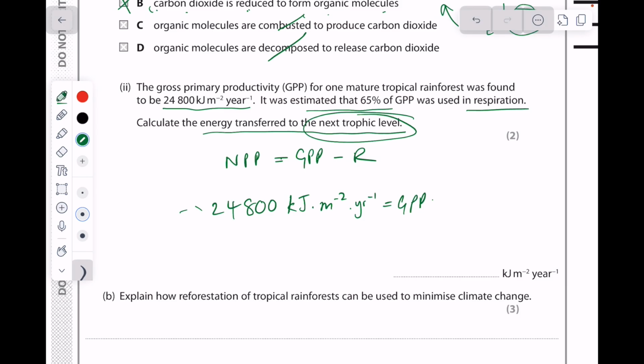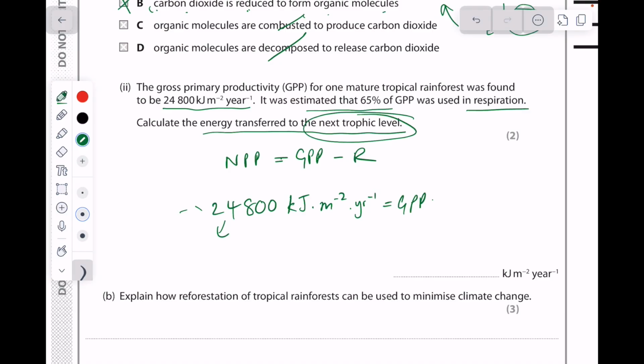I'm going to get my calculator. So 65% of that, so 24800 times 0.65 equals 16120.